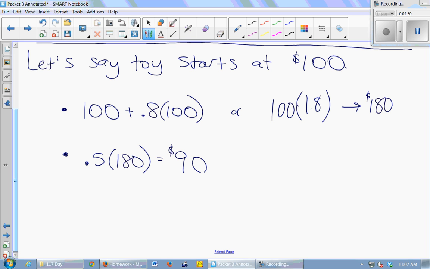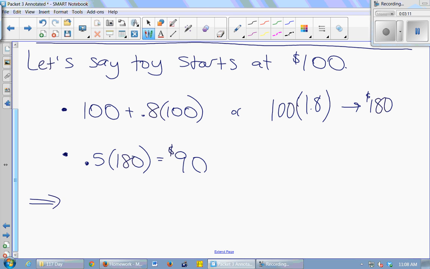Right? So now what we want to do is compare the original price, the $100, to what they're selling it for. So it started at $100 and they're selling it for $90. It's a 10% decrease, right? So the store is selling this for a 10% loss.